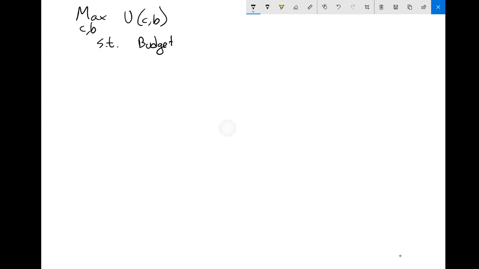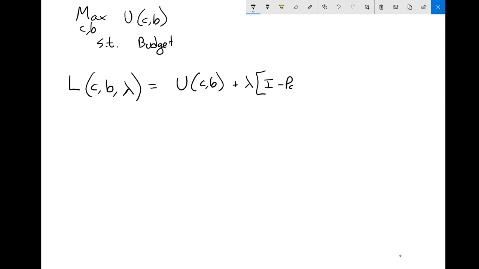Remember I said the utility function. Let's go back to the Lagrangian. All right, B and lambda. Okay, so here's my utility. Here's the function that I optimized, right? It's the Lagrangian function. All right, so let's just do it generically. So it'll be the utility function plus lambda times the budget constraint.